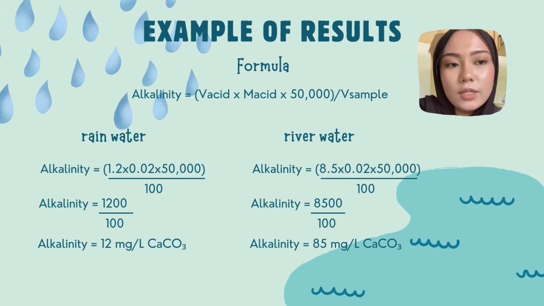For the river water sample, 8.5 ml of the same acid was required, resulting in an alkalinity of 85 mg per liter as calcium carbonate. Since the river water required a larger amount of acid to reach the endpoint, it has a higher alkalinity and a greater ability to resist changes in pH compared to rainwater.